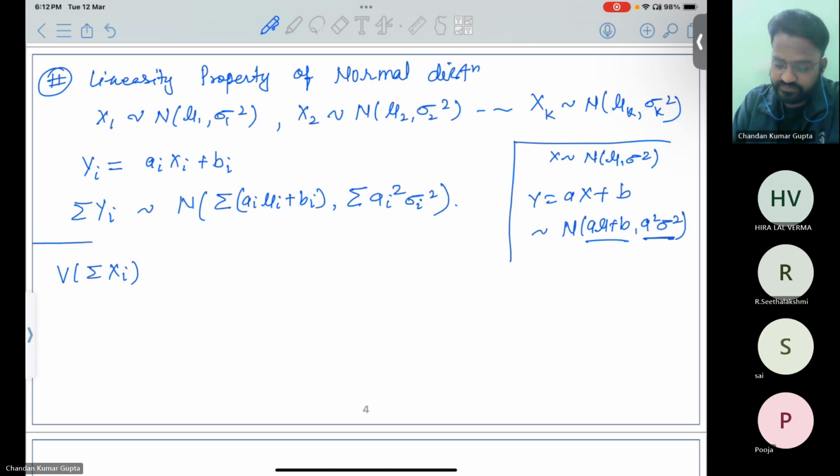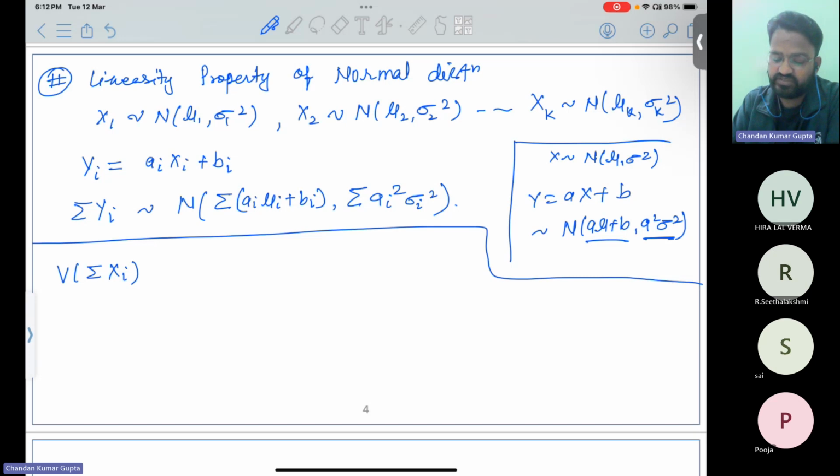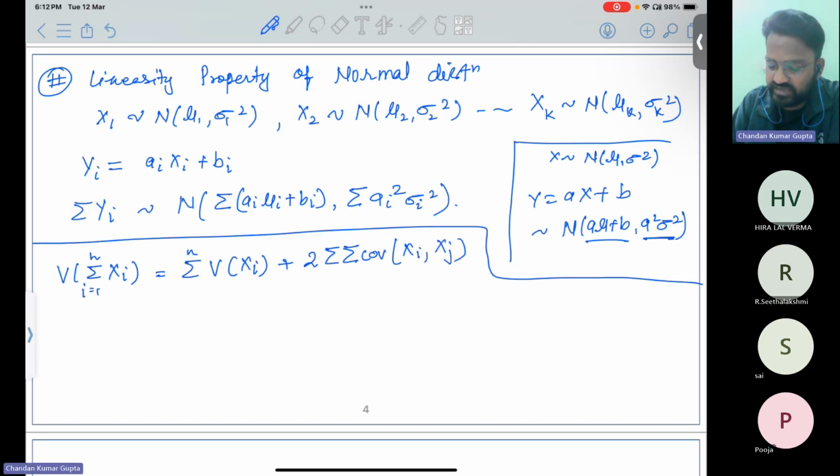In general, the variance of summation of xi, i from 1 to n, is the summation of variance of xi plus twice the covariance of xi, xj, where i is less than j. You may take any one condition. If the xi's are independent, then these covariance terms come out to be 0. In that case, variance of summation of xi equals summation of variance of xi.